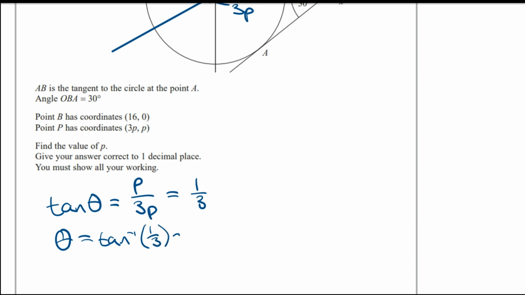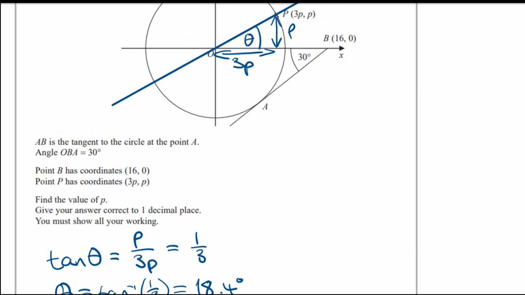Grab my calculator. Inverse tan of 1/3 is about 18.4 degrees. So we've got that angle there.